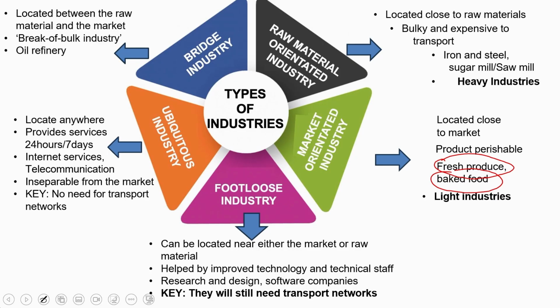Ubiquitous industries. Whichever way you pronounce it is not important to me, but let's write it the same way. We call it ubiquitous industries, okay? Now, what happens here? It is located anywhere, and it can also be found almost everywhere. It provides services 24/7, 365, meaning every day, every minute, every hour, every month, right throughout the year, you get these services.